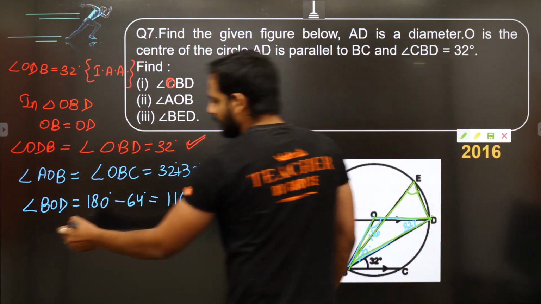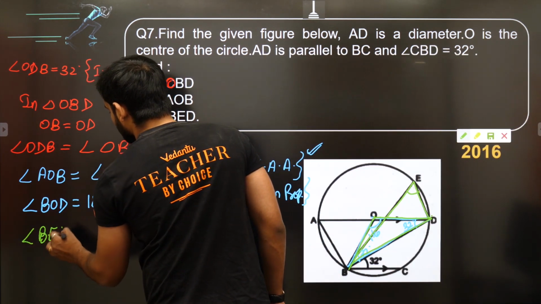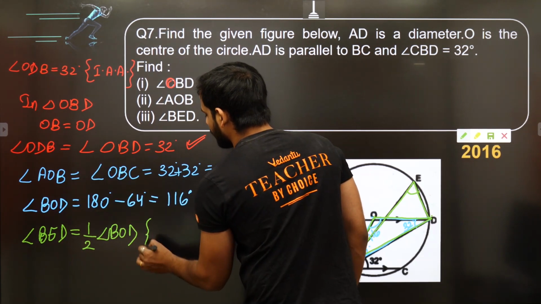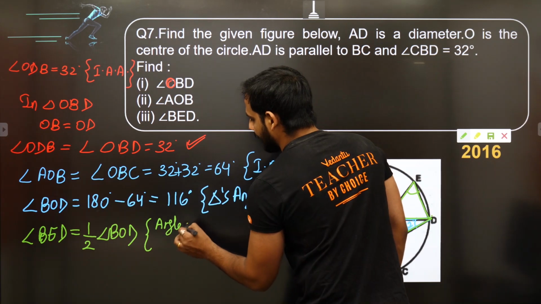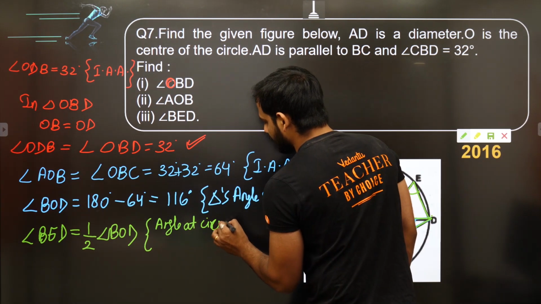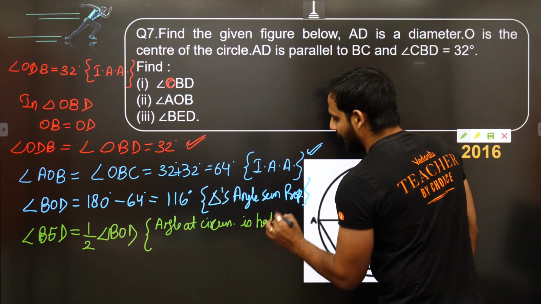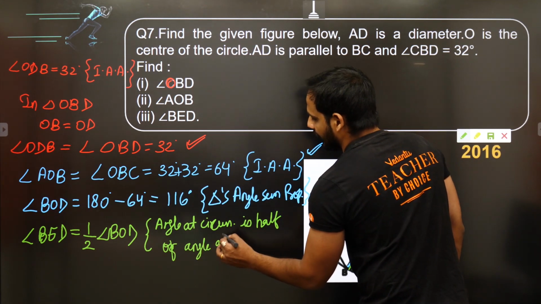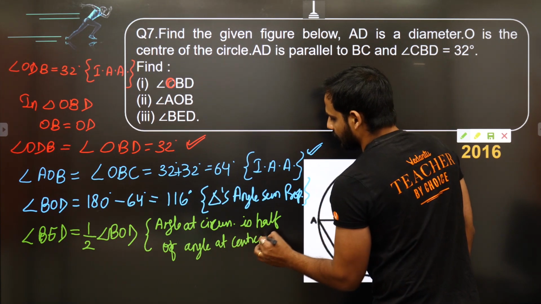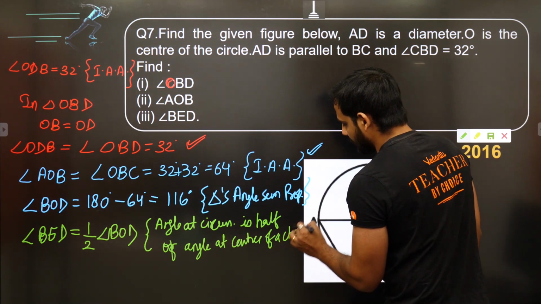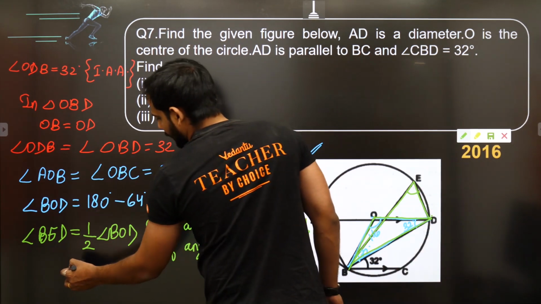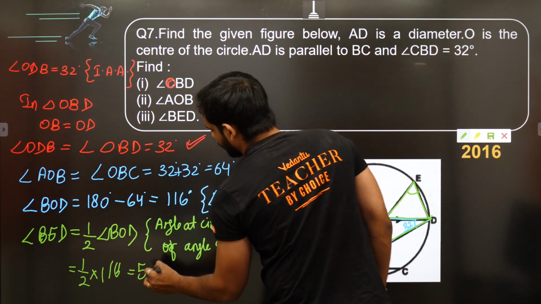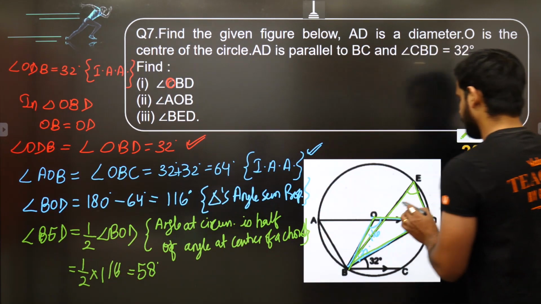So clearly, angle BED should be equal to half of angle BOD, and the reason is: angle at circumference is half of the angle at center of a chord. So angle BED will be half of 116 degrees, which means 58 degrees. So this angle should be 58 degrees.